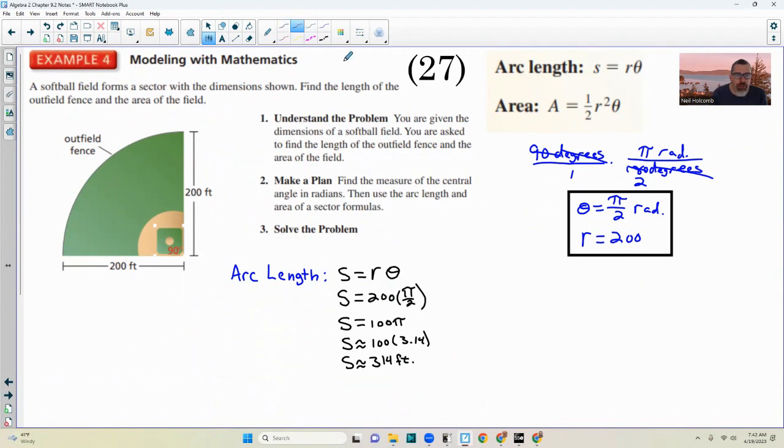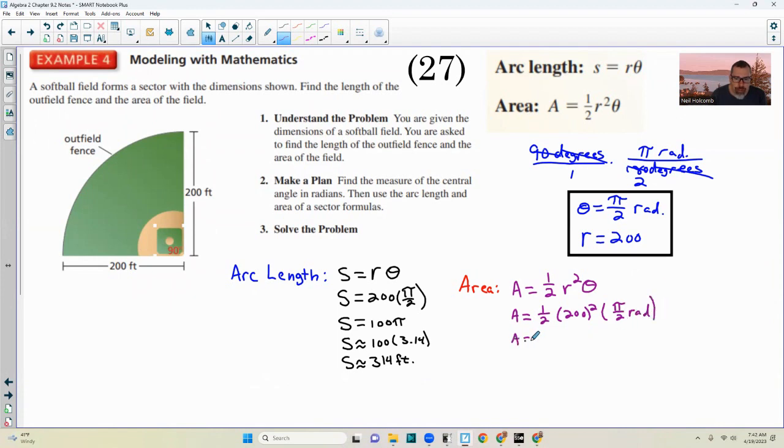The next thing we want to do is the area of the sector. So area is going to be A equals 1/2 r squared theta. Write the formula, substitute the givens. r is 200 squared times pi over 2 radians.